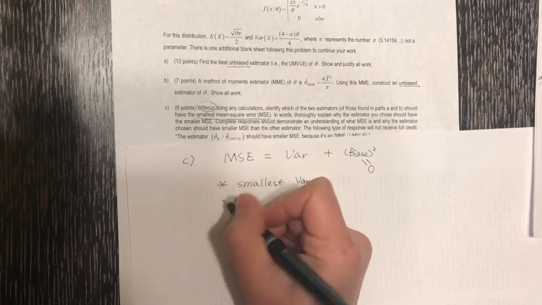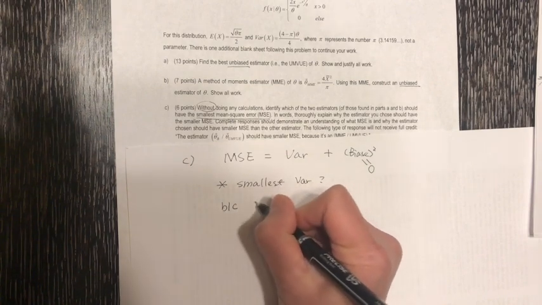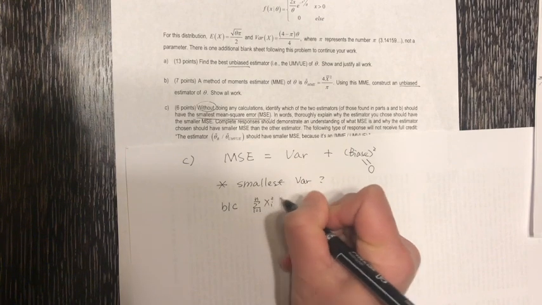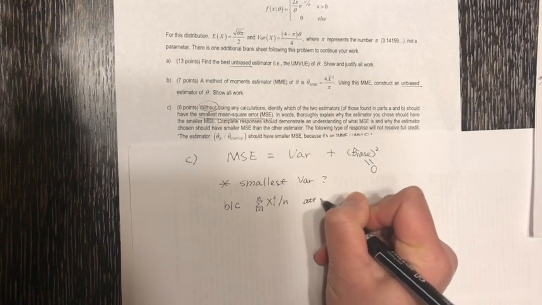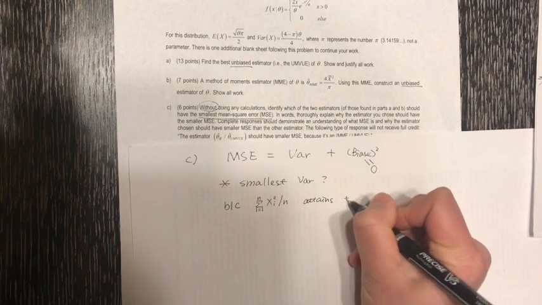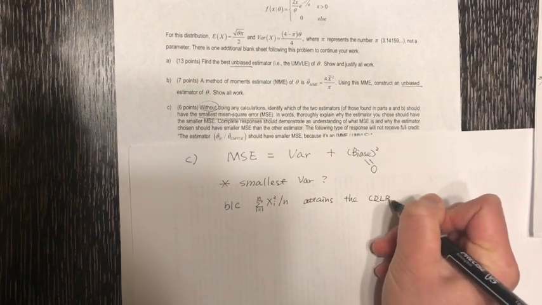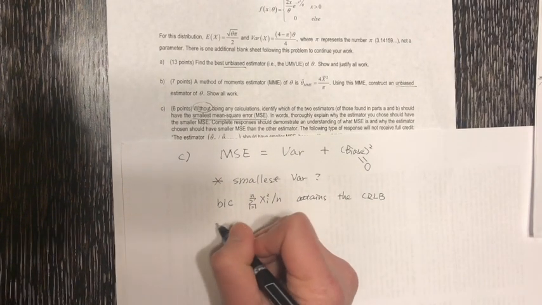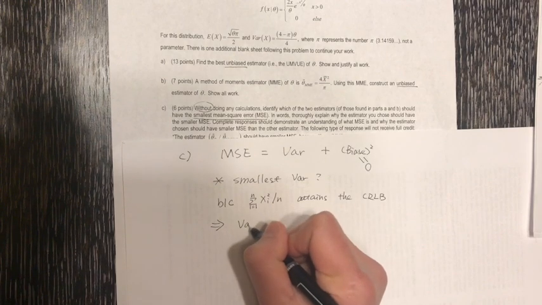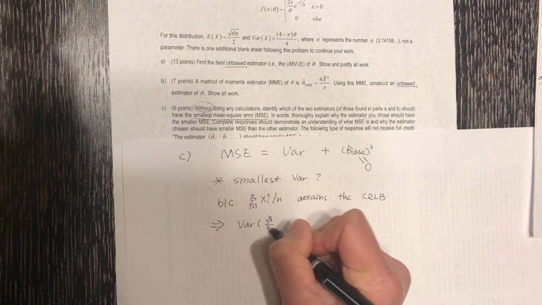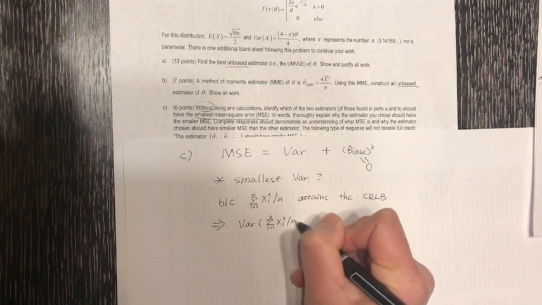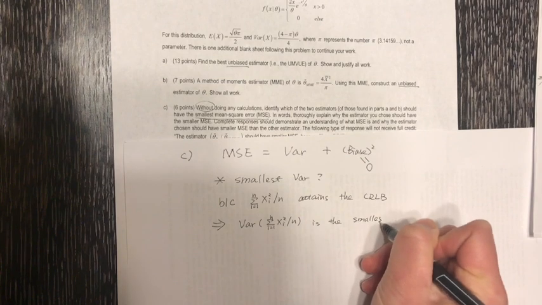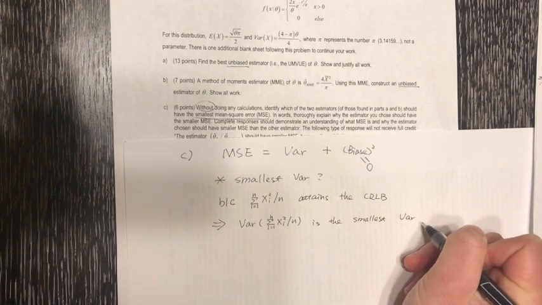So because the estimator we got for question A attains the CRLB, we know the variance of this estimator is the smallest variance.